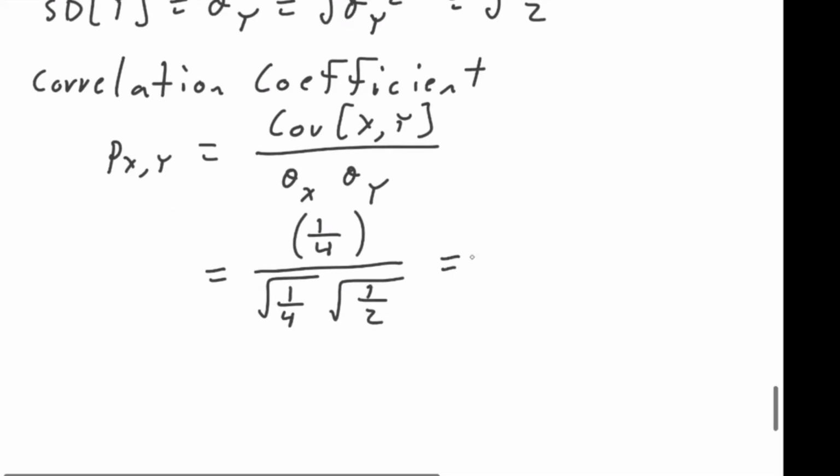Now, this is the same thing as a fourth over the square root of 1/4, and 1/2 can be written as 2 times 1/4, right?